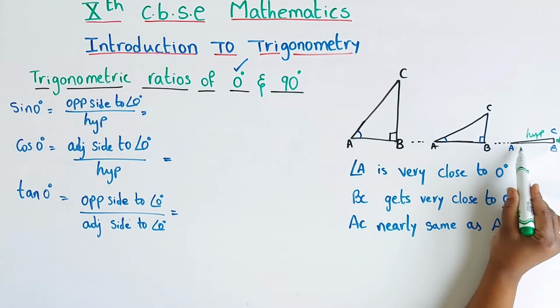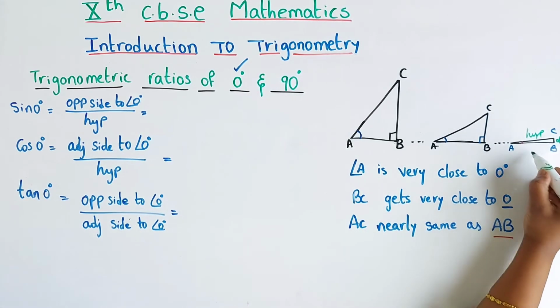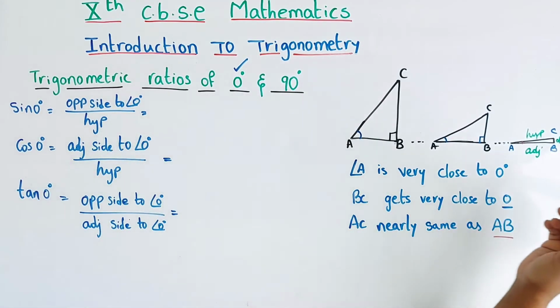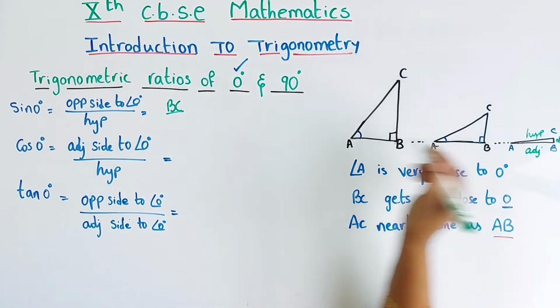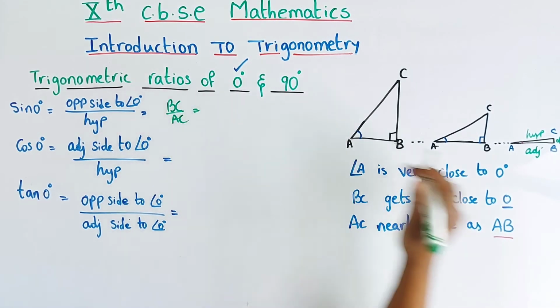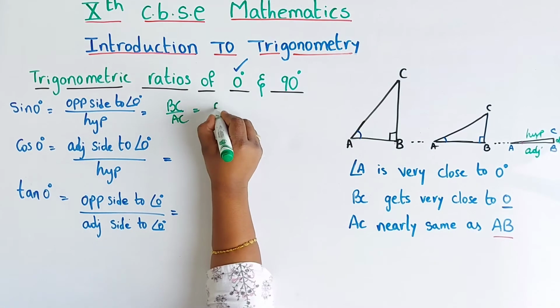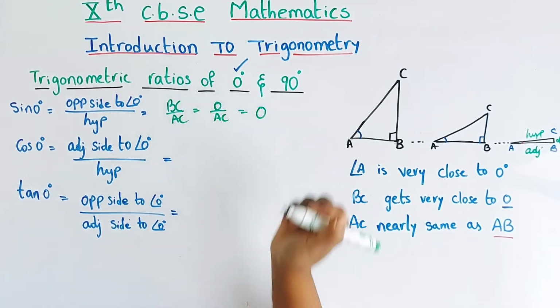Adjacent to angle A, that means adjacent to 0 degrees, is AB. Now sine 0 degrees equals opposite side by hypotenuse, that means BC by AC. What is the BC value, children? It is very close to 0. That means 0 divided by AC, and 0 by any number is 0.